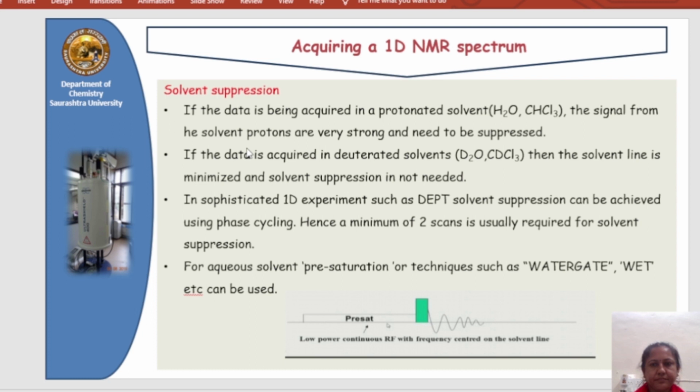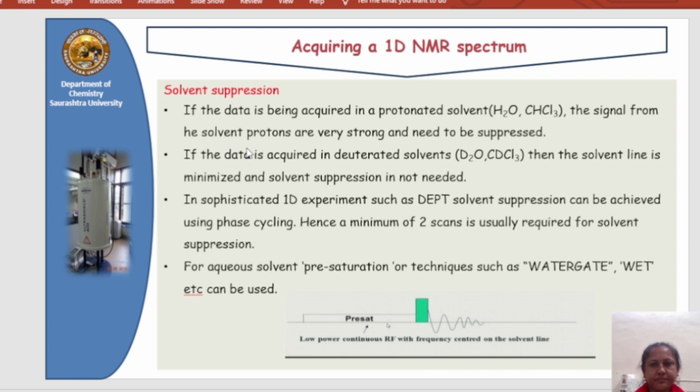When does it happen? Before applying the 90-degree pulse, we apply radio frequency continuously to the sample. At that time the solvent molecules are saturated and distributed over the two energy levels as per Boltzmann's distribution law.